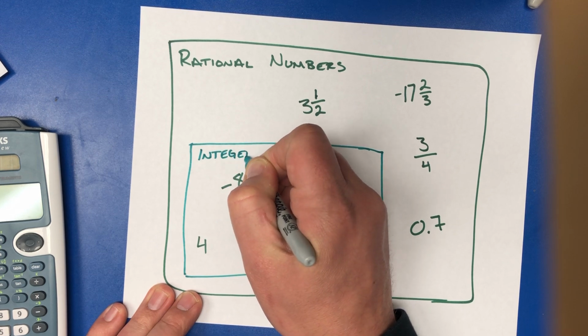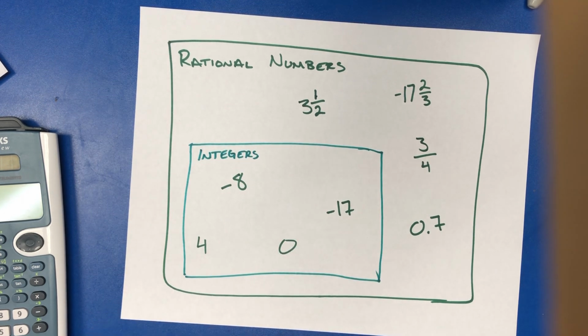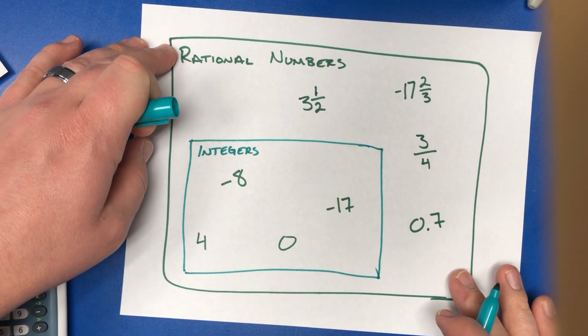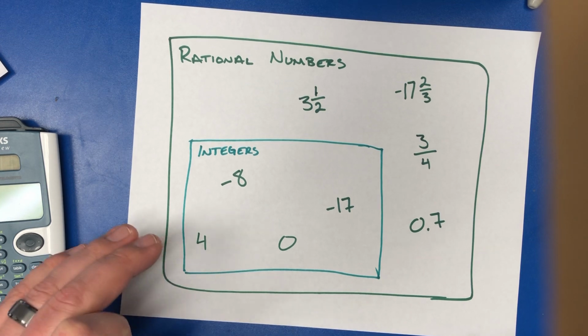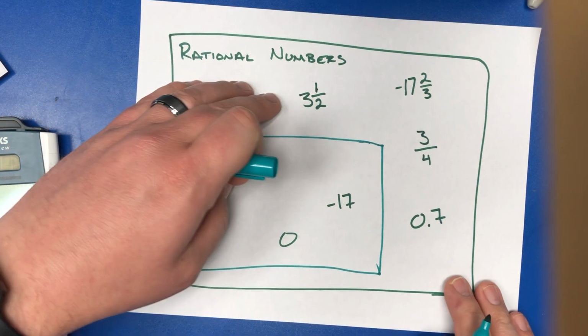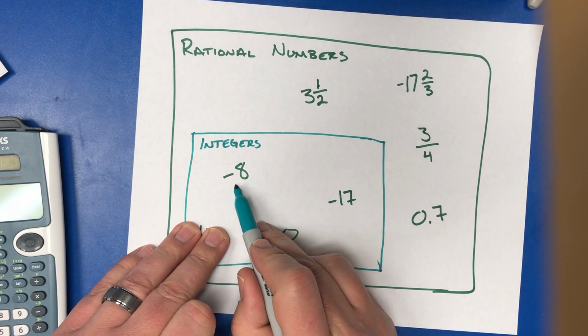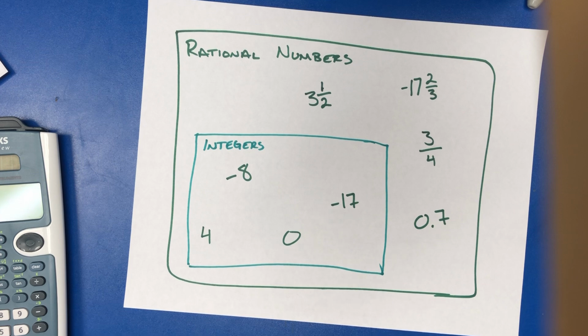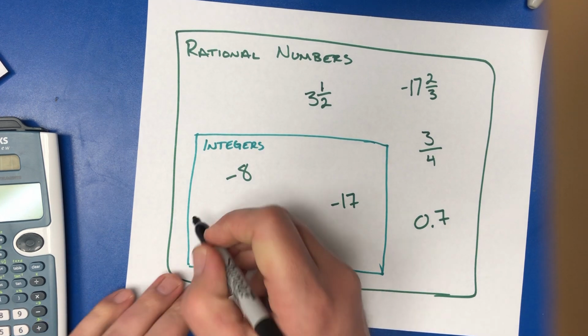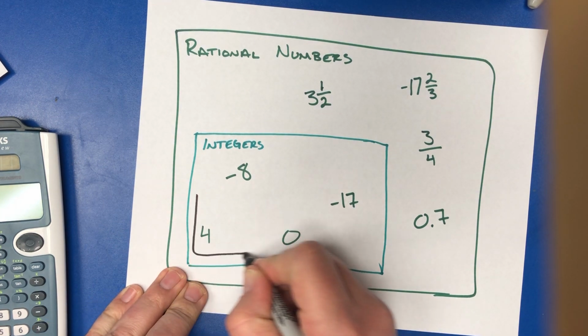So notice that every single integer fits inside the rational numbers box, but even though it is a rational number, not every rational number is an integer. So negative 8 is a rational number, but 3.5 is not an integer. And you might also notice that there is another layer that we can get to, and that would be these guys down here.